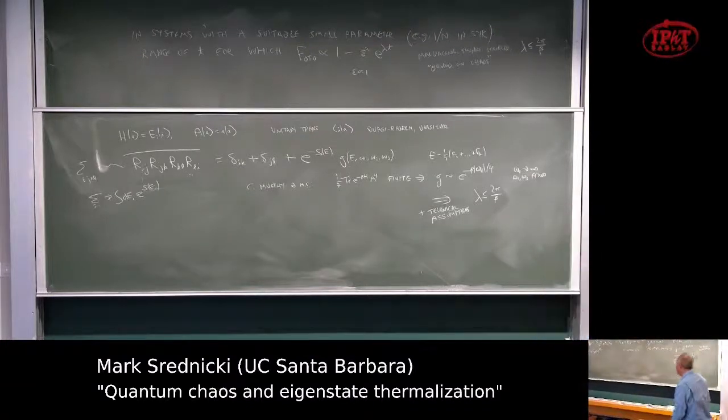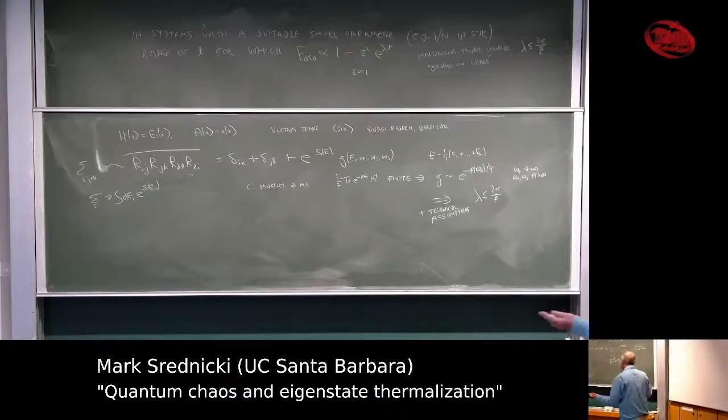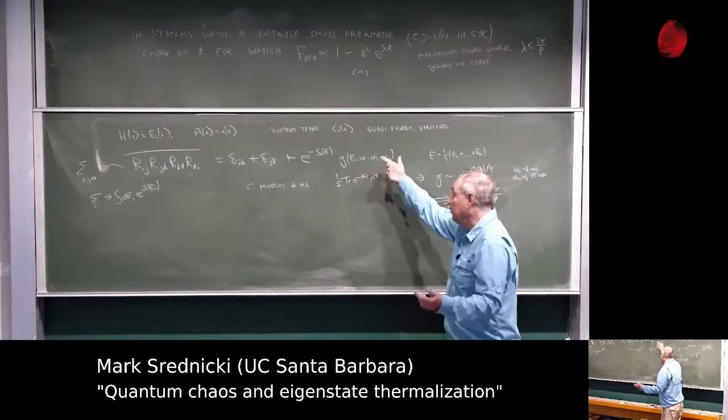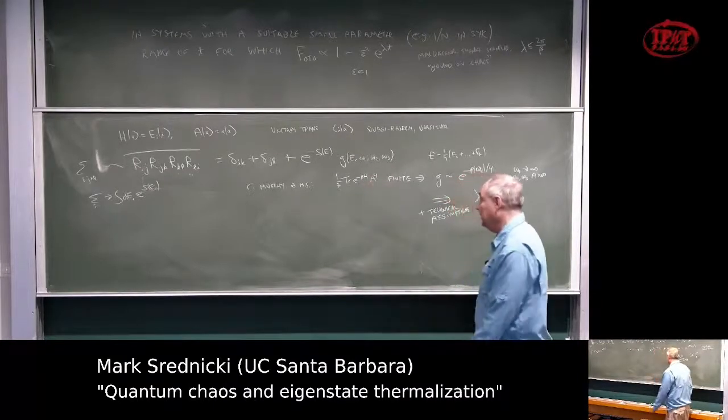So the bound on lambda can be reproduced from a relatively simple bound on the behavior of the Fourier transform correlation function and the finiteness of something like this.